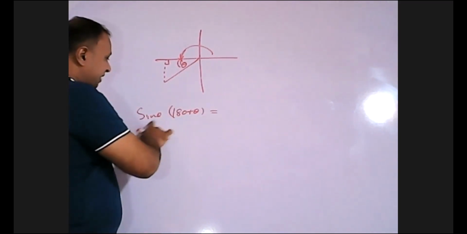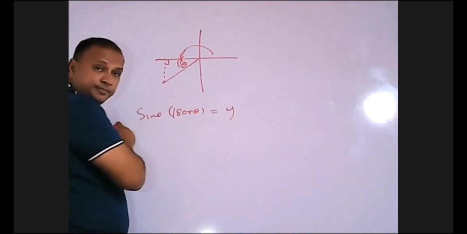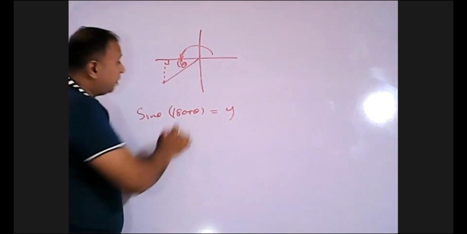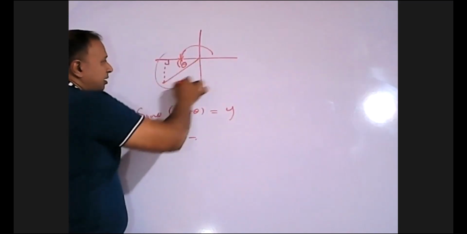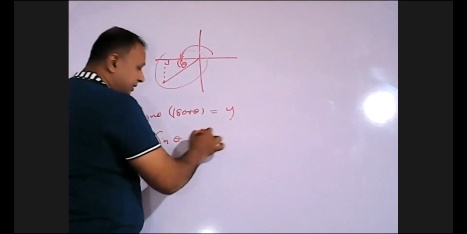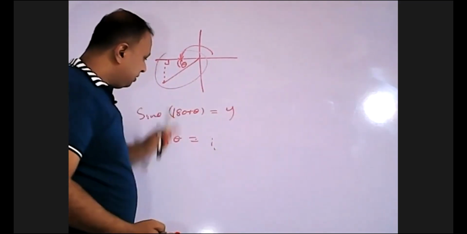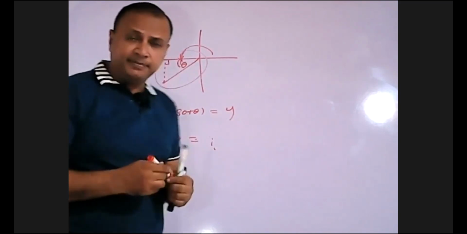Therefore, sine of 180 plus theta is equal to the y coordinate of this point. Then we derived trigonometric values of theta using this triangle, and built a relationship between this one and this one. That is the way of deriving this.